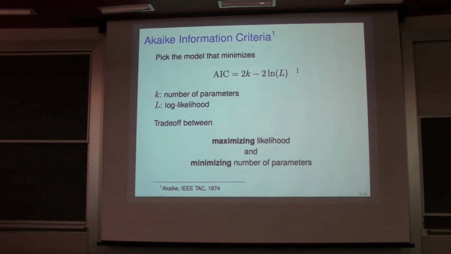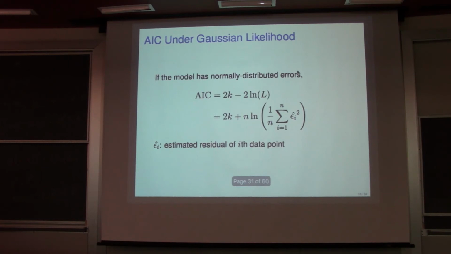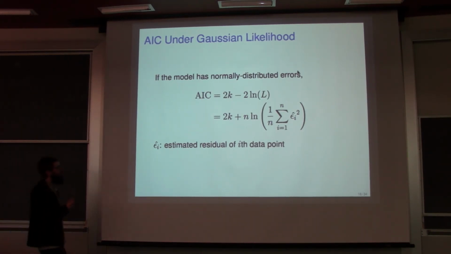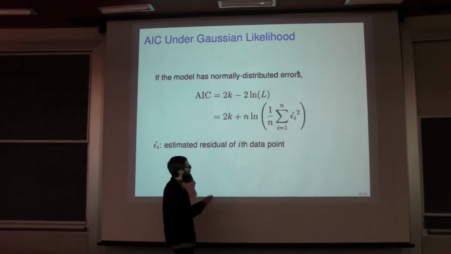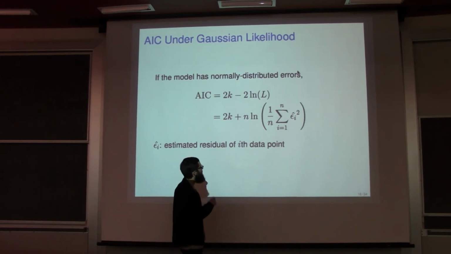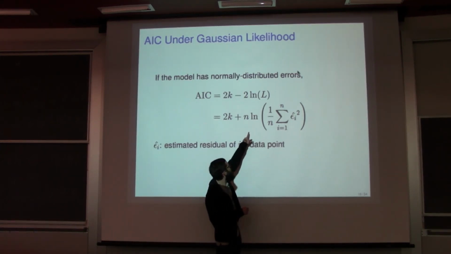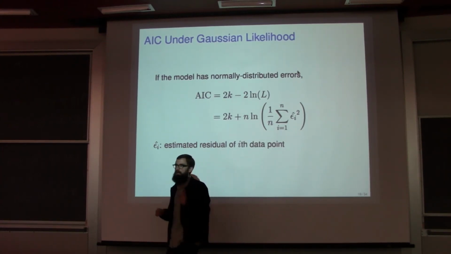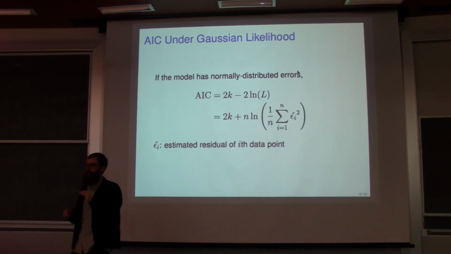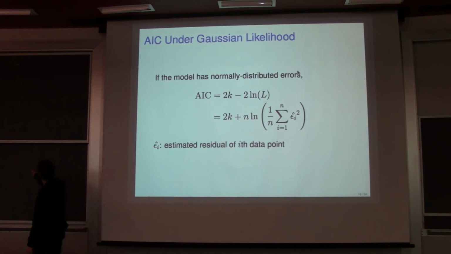Okay. Right. So in the Gaussian case, our log likelihood is the log of the average squared residual. So epsilon i is just this y minus x beta kind of term.